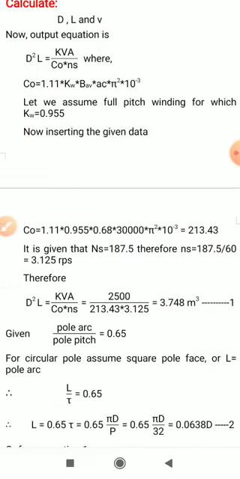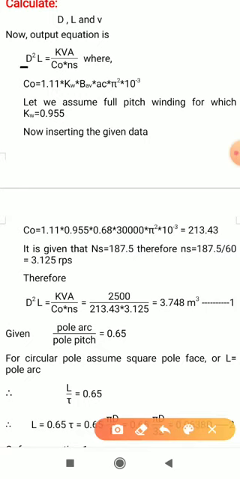As we know, the output equation is D square L is equal to kVA divided by Co into Ns, where Co is 1.11 into Kw into Bav into ac into pi square into 10 to the power minus 3. As the winding factor is not given in the example, let me assume the full pitched winding, for which the Kw is 0.955.